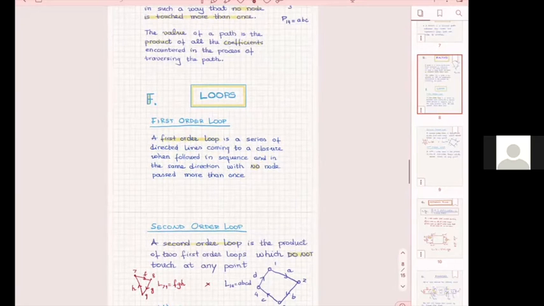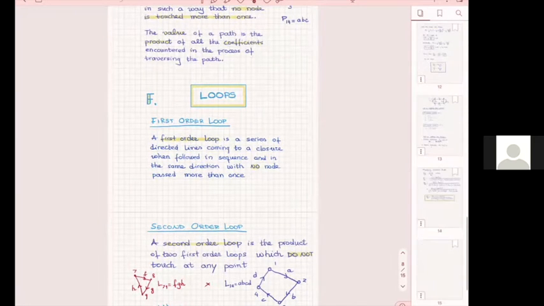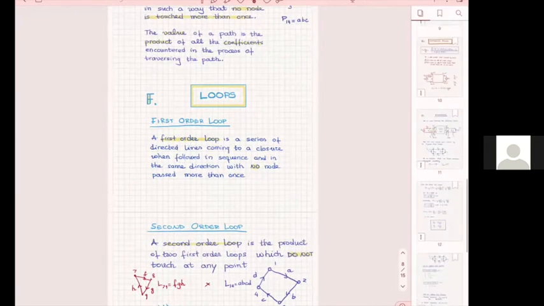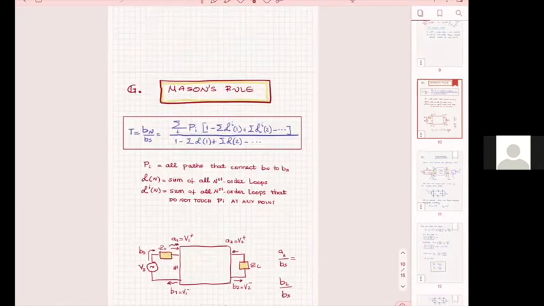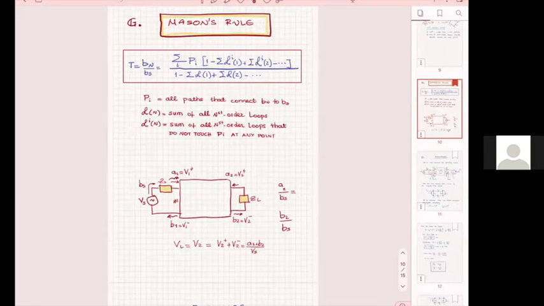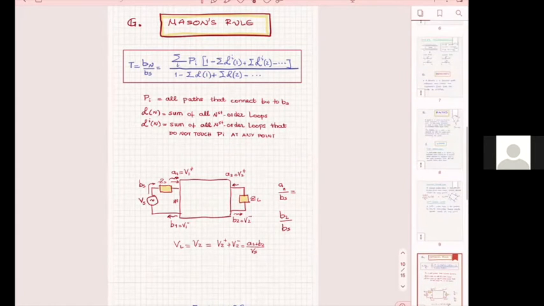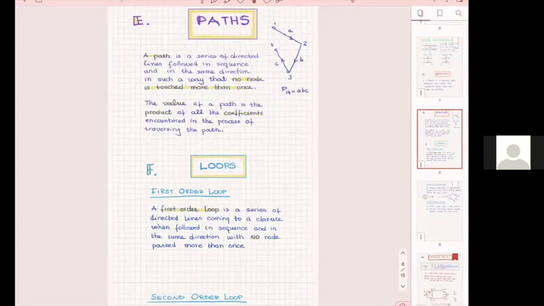Then in your Mason's formula, here, you have these L's. These are loops. And then you will have a sum of all the first order and all of this. Let's go and look at the loops. What are those loops? The loops are, in fact, anything that closes, all right?